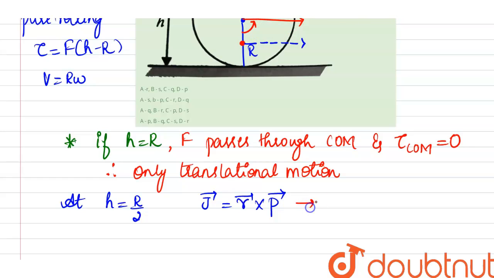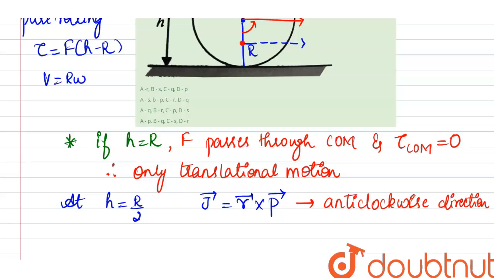That means it is gaining angular momentum in the anti-clockwise direction. So the sphere will rotate in the anti-clockwise direction when h is equal to r by 2. That we are sure. Now, at what condition will it undergo pure rolling?